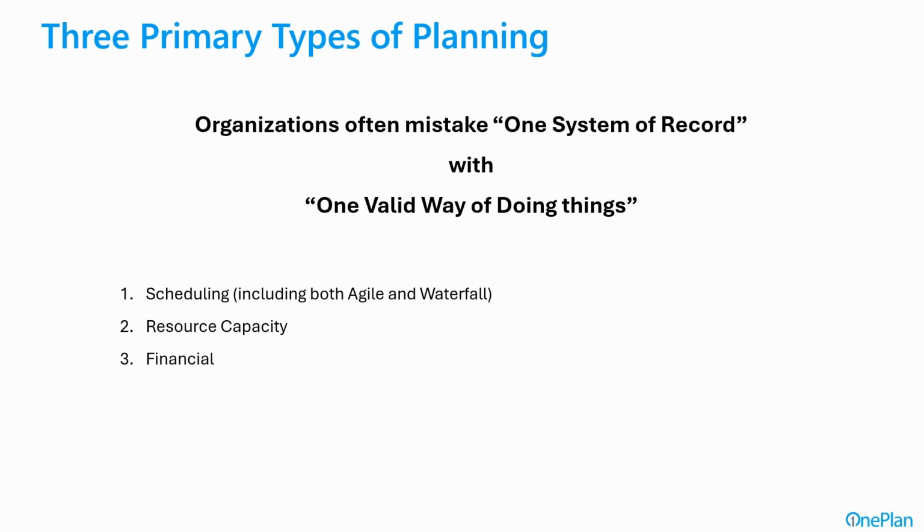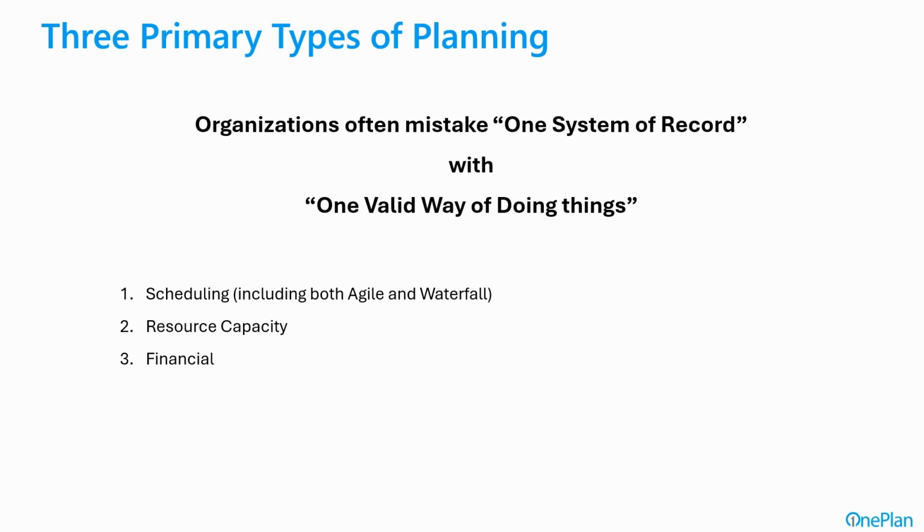All 3, the important thing is, all 3 are valid and all 3 are supported as first-class citizens within OnePlan. It is a process question as to which one becomes the primary in your organization. In most organizations that are pure consulting organizations, for example, resource capacity planning is everything. Think about law firms and accounting firms.